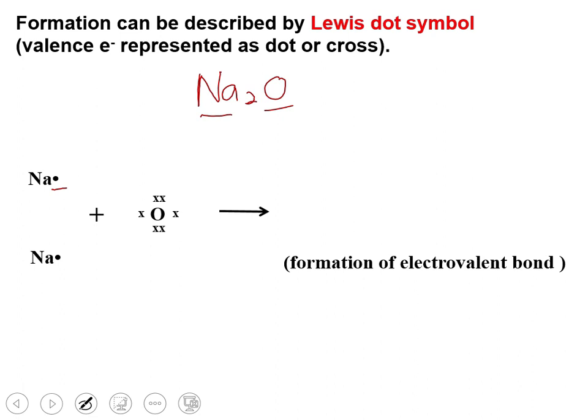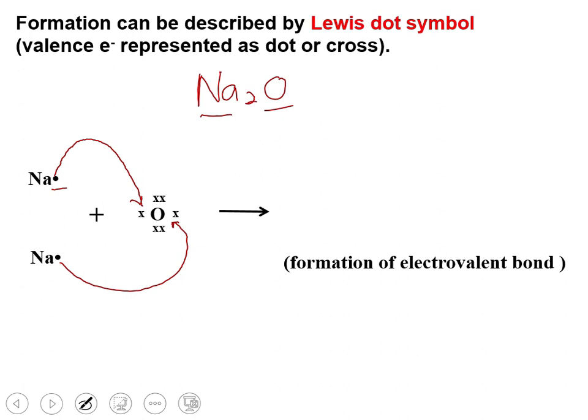Na will give the electron to oxygen, but one Na can give only 1 electron to oxygen, so we need 2 atoms of Na. So how would the ionic bond form? Na will give the electron to the unpaired electron on oxygen. Another Na will give the electron to the other unpaired electron on oxygen.